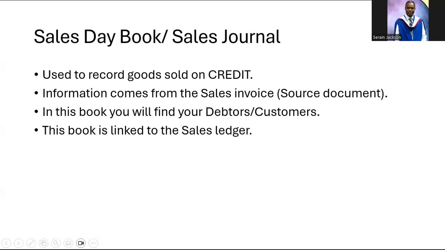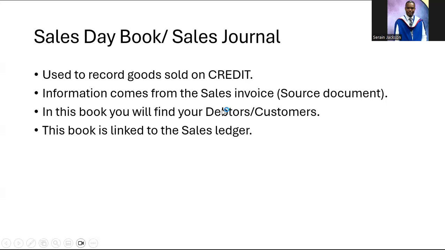So that is very important information as well for you to remember. All right. So the next thing that you need to remember is that the book is linked to the ledgers, and we said that already.